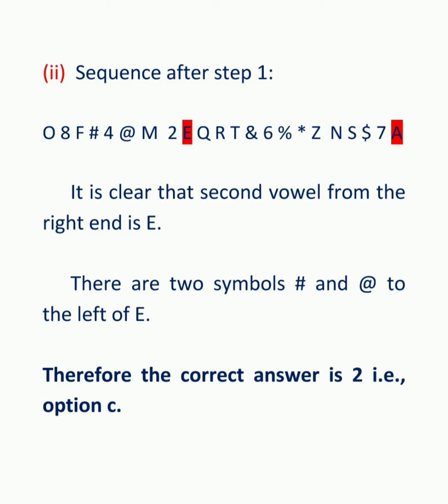I highlighted the vowels from the right end. First one is A, second one is E. So E is the second vowel from the right end. The question is, to the left of E, how many symbols are there? Here, to the left of E, the symbols are # and @. Therefore, there are 2 symbols. Therefore, the correct answer is 2, option C.